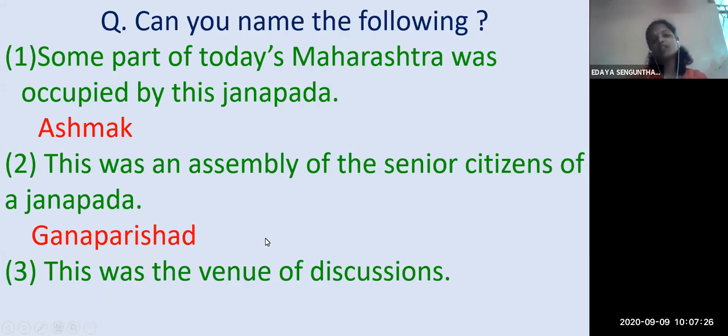Now, this was a venue of discussion. Gana Parishad used to discuss the administrative issues. The place where they used to discuss, what is the name of that place? Aryan, you can say. In garden.